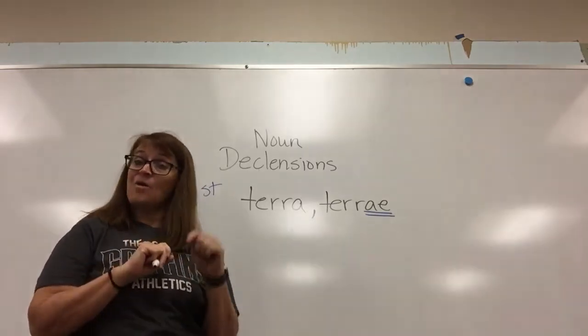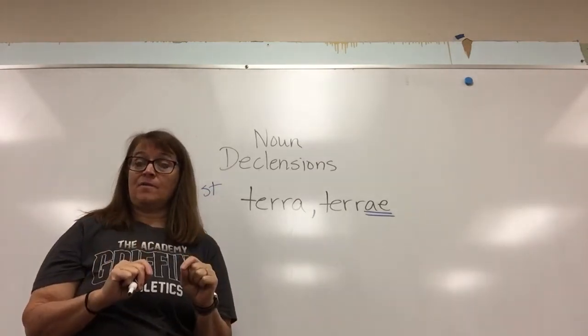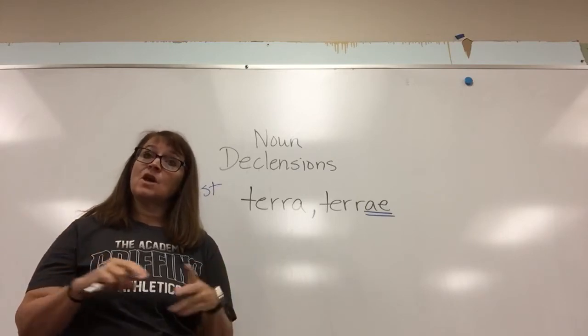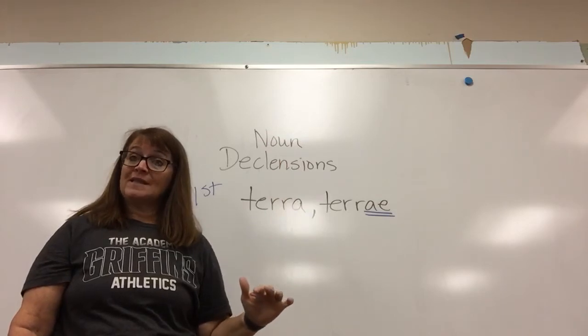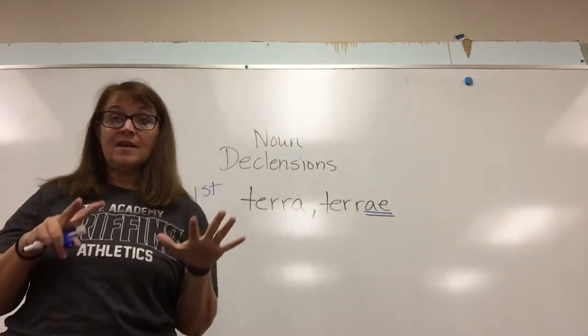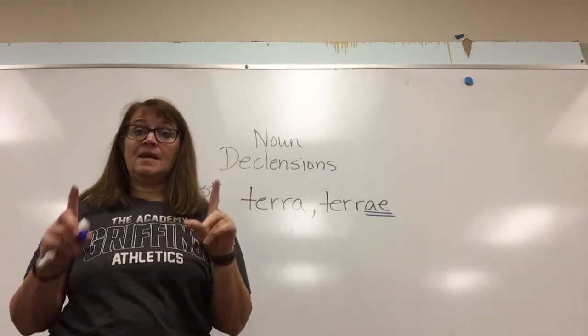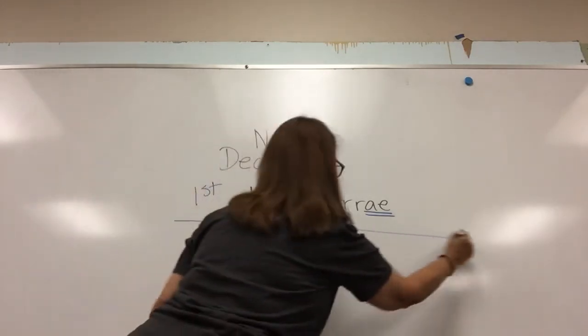Okay, now let me show you how to decline a noun. Okay, when I say to decline a noun, that means to write out a noun in all its cases and number. Okay, so in Latin there's 7 cases, but we're only going to work on 5 right now. Okay, and here are the cases. I'm going to try to fit them under here.